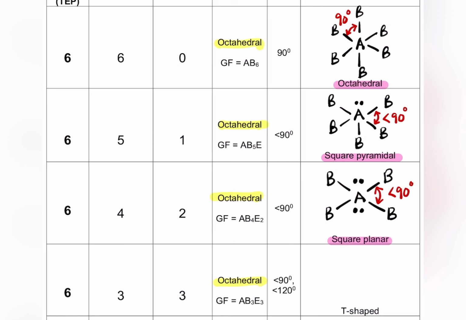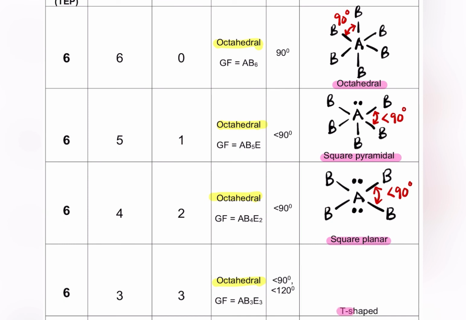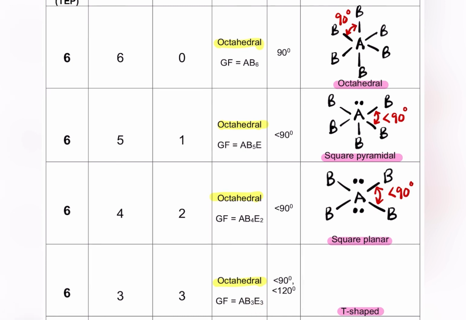Now, we go for the next one. Bentuknya adalah T-shape, iaitu kita akan draw berdasarkan AB3E3. So, AB3E3 adalah di mana awak ada 3 lone pairs dan 3 bonding pairs. So, my drawing, saya akan draw dalam bentuk T-shape.